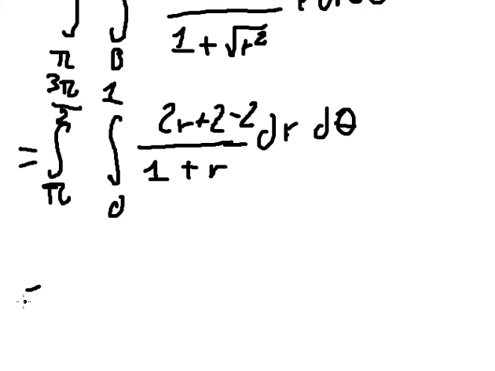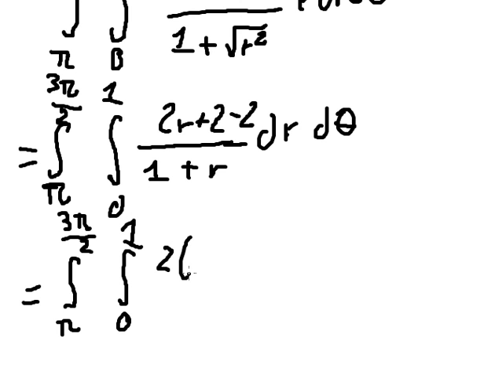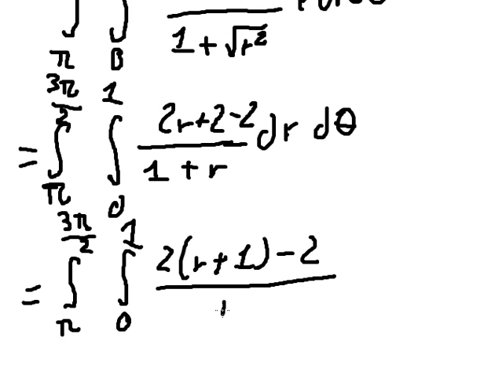Next, so 2 and 2, we can do factorization. So r plus 1 divided by r plus 1.